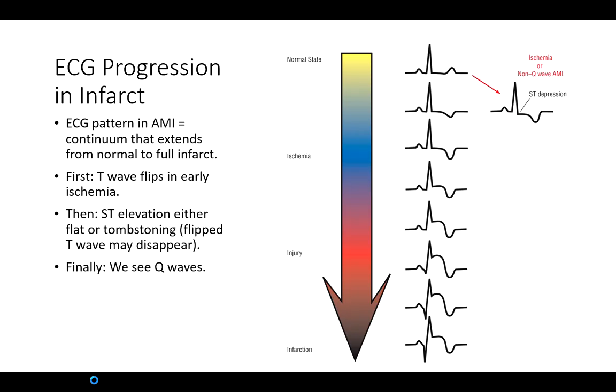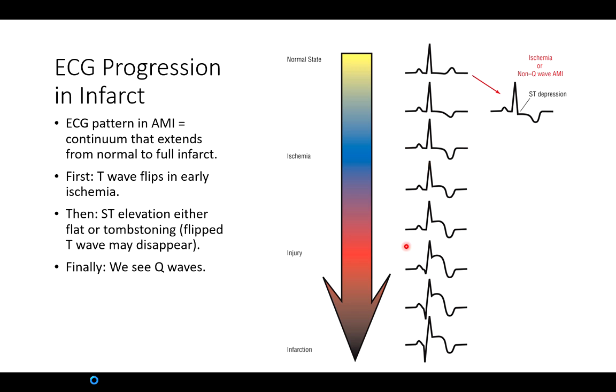Okay, so here nothing is wrong, and over time ischemia develops, and we see this gradual progression. In other words, if we took an ECG at minute 1, where the person says, "Yeah, I kind of feel odd, I feel a little chest pain," we take a picture of the heart. I say picture of the heart, but I really mean a picture of the electrical activity on an ECG, and we see something like this.